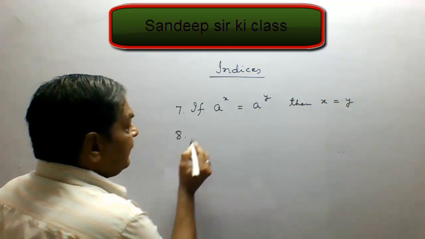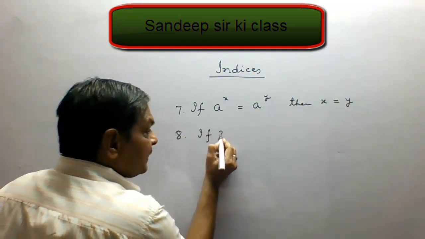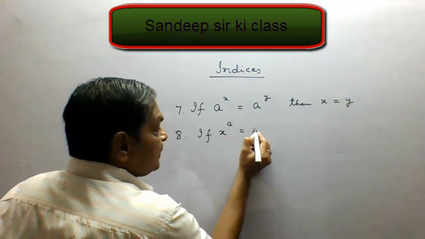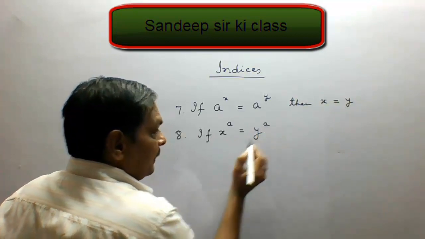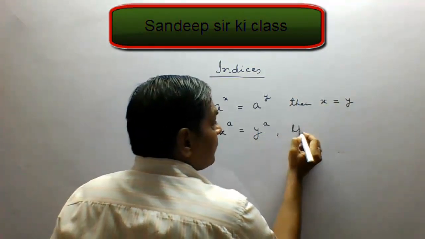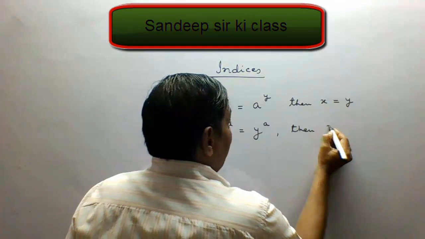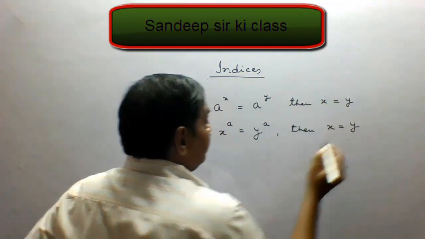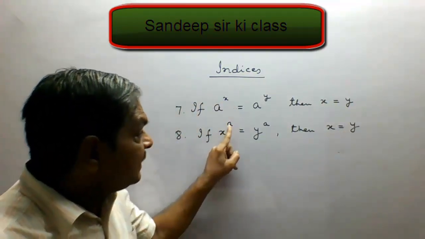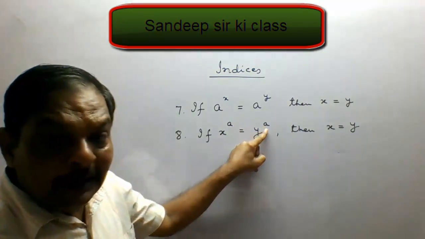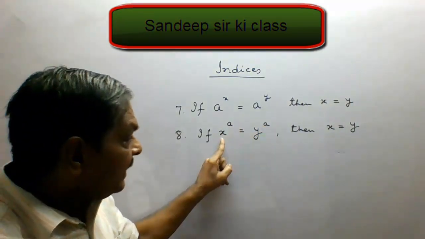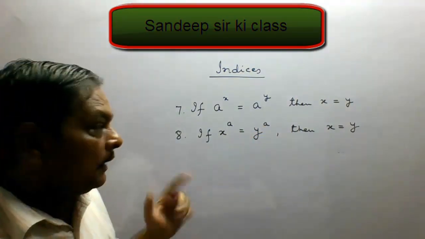Rule number 8 is if x raised to the power a is equal to y raised to the power a, then x is equal to y. Means in this case powers are equal in both the sides, then the base will also be equal.